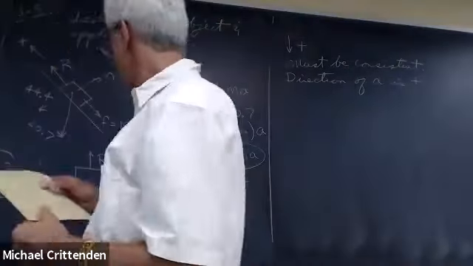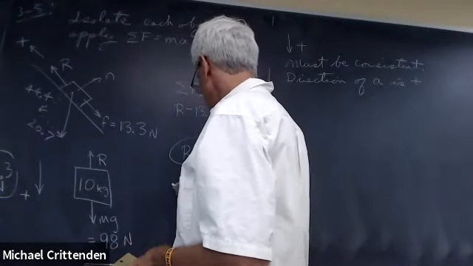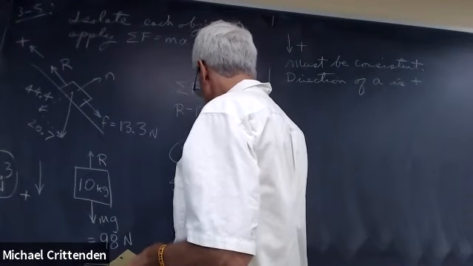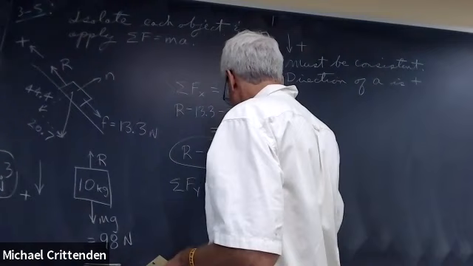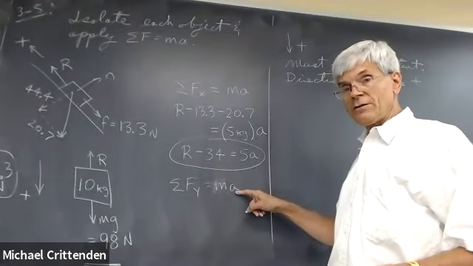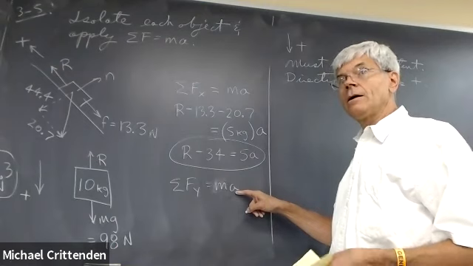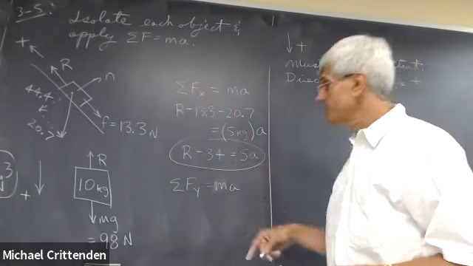So 98 newtons is in the positive direction. Incidentally, same acceleration. Because the two blocks are tied together, one of them can't start going faster than the other without stretching out the rope or something.